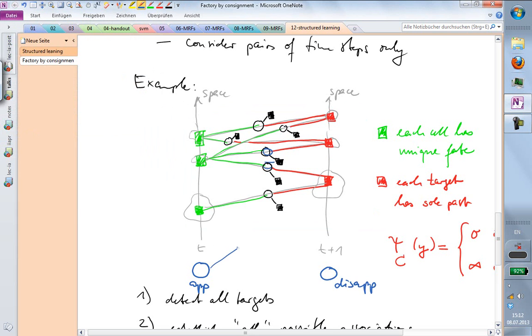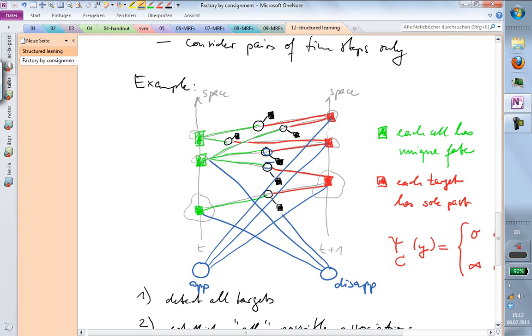The appearance nodes are connected to all detections at the later time step, and the disappearance node is connected to all detections at the previous time step.